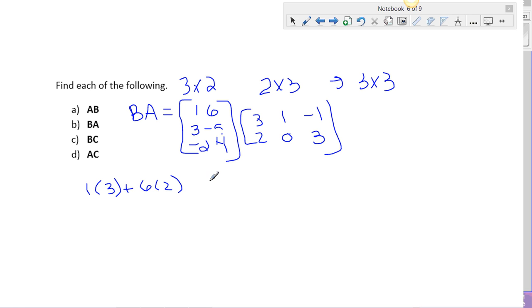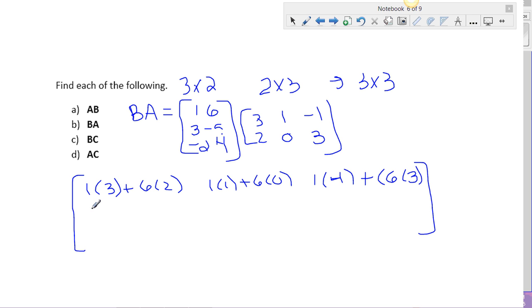Second column, 1 times 1 plus 6 times 0. Third column, 1 times negative 1 plus 6 times 3.